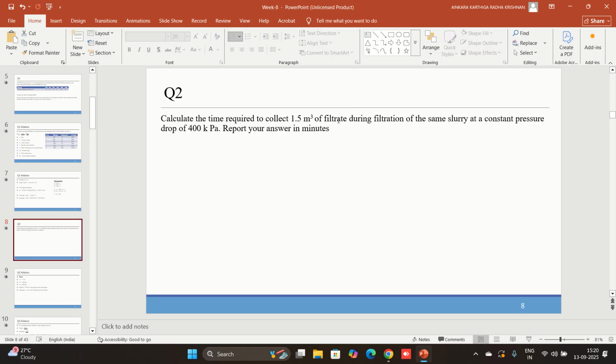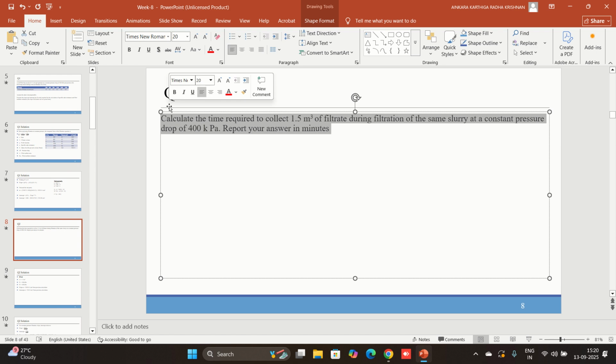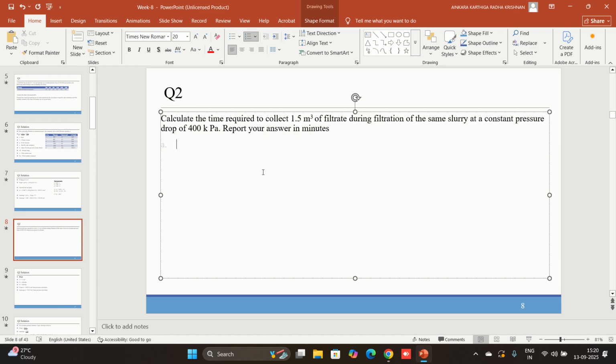Calculate the time required to collect 1.5 meter cube of filtrate during filtration of the same slurry at a constant pressure drop of 400 kilopascal.